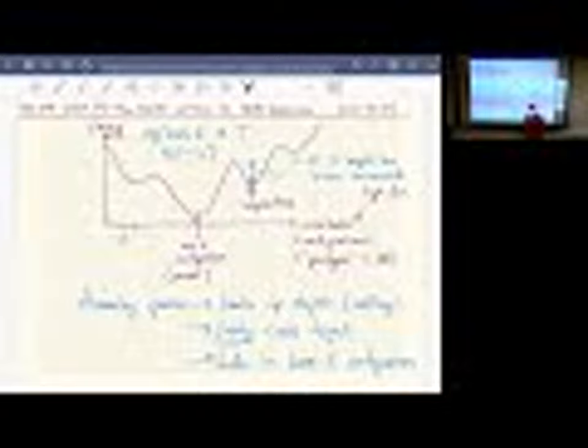I'll say average kinetic energy is going to be proportional to temperature. And in physics, they specifically say that the average energy is equal to kT, where this k is the constant of proportionality called Boltzmann's constant.